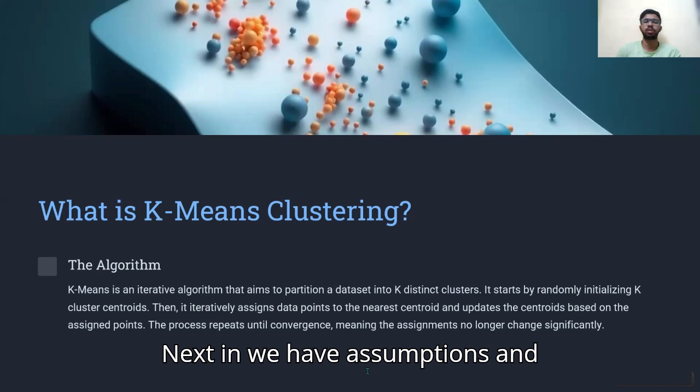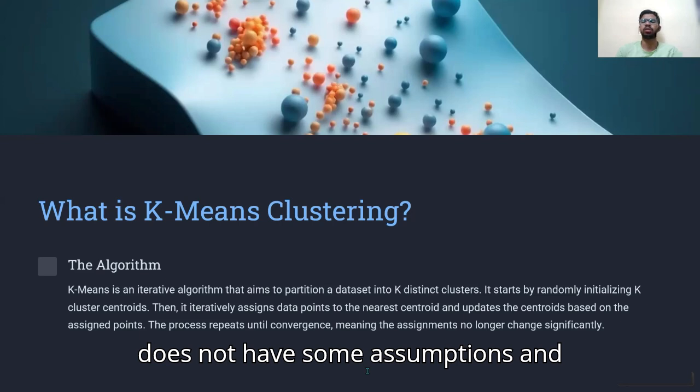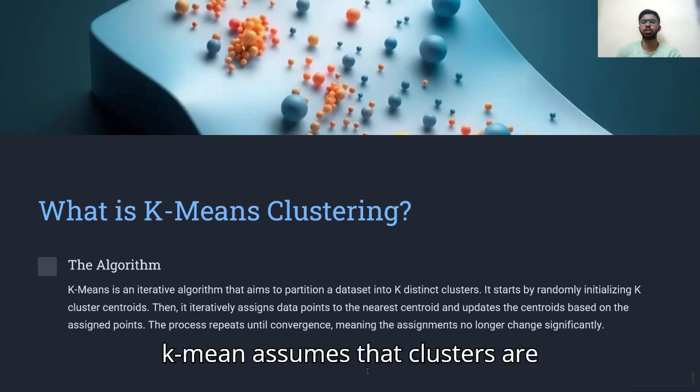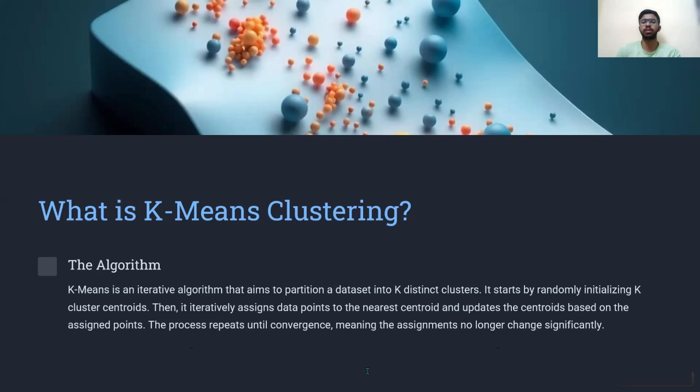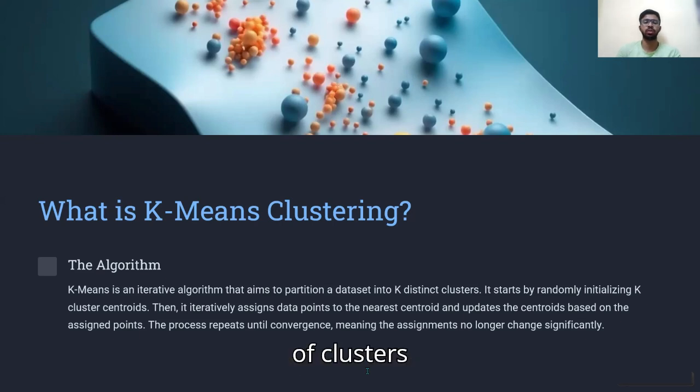Next, we have assumptions and limitations of k-means. K-means has some assumptions and limitations. K-means assumes that clusters are spherical and well separated, and it requires you to know the number of clusters beforehand.